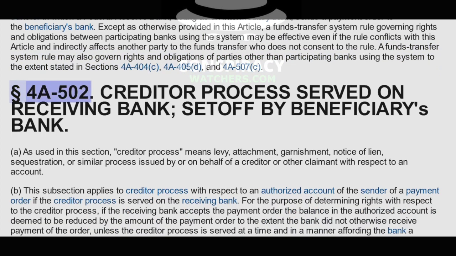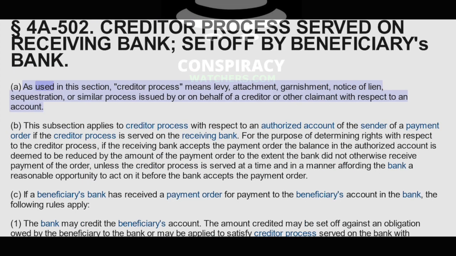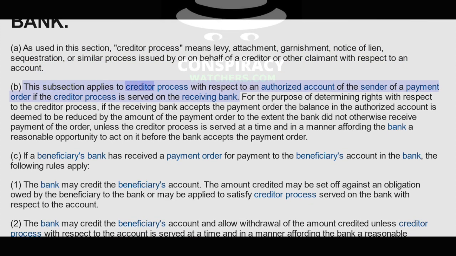Section 4A502. Creditor process served on receiving bank, setoff by beneficiary's bank. As used in this section, creditor process means levy, attachment, garnishment, notice of lien, sequestration, or similar process issued by or on behalf of a creditor or other claimant with respect to an account. This subsection applies to creditor process with respect to an authorized account of the sender of a payment order if the creditor process is served on the receiving bank.